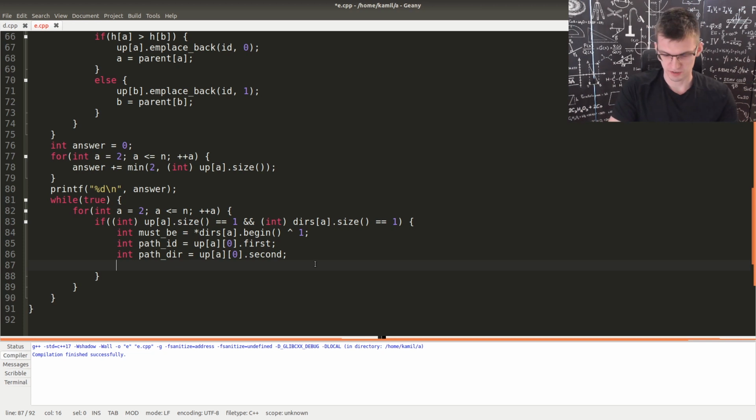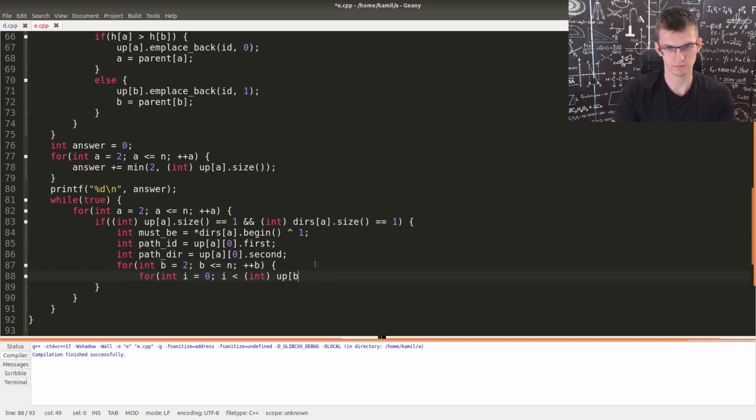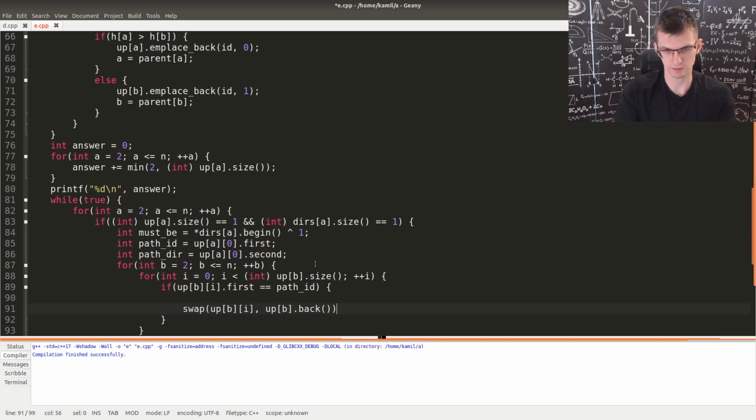Path dir. Now I need to find all occurrences of this. Dot first is equal this path ID. Then do something at the end. Swap this with the last element.